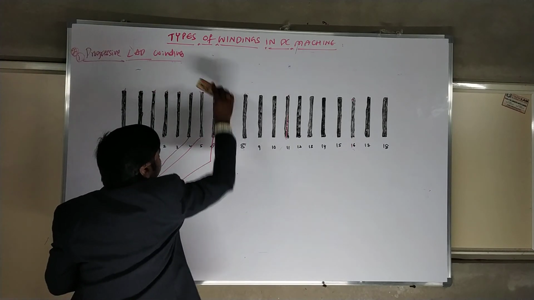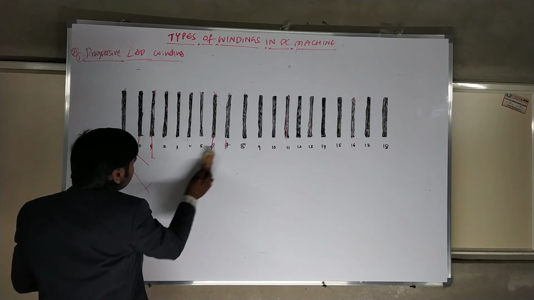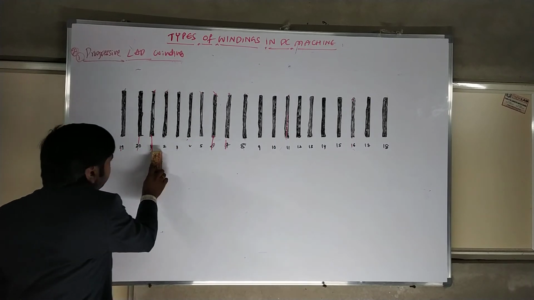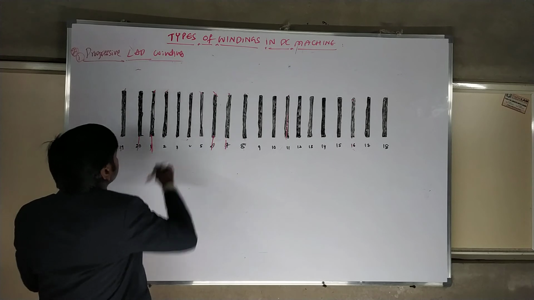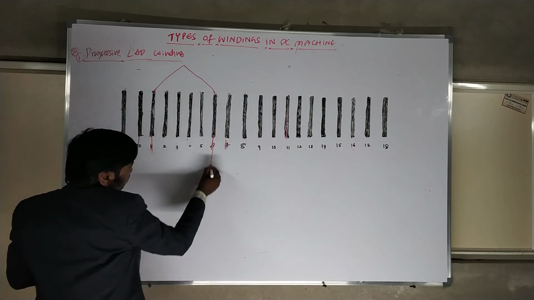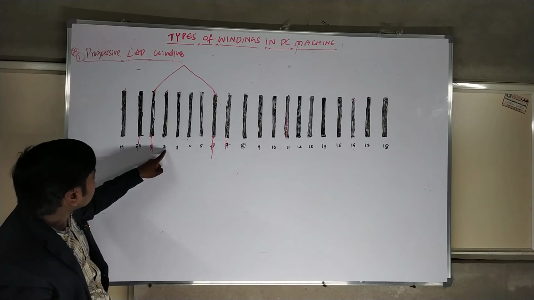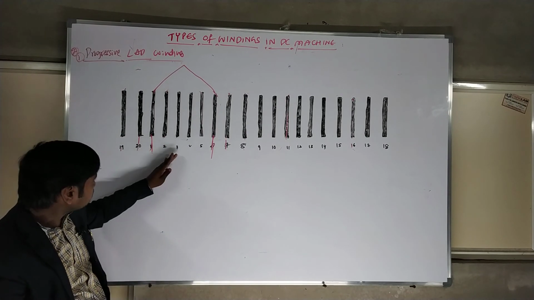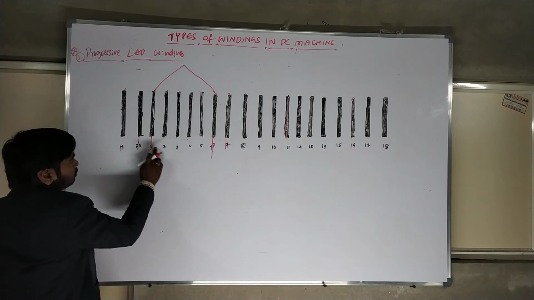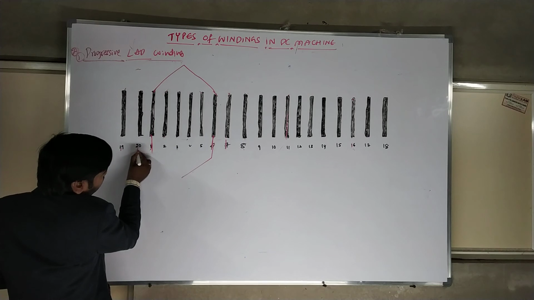This winding is a very interesting thing. When you go for interviews, I am telling you this from personal experience. The first coil is connected to the sixth coil, very clear. After this sixth coil, you previously connected to the second conductor. Now it should not go forward to the second one. It should go back, like this.